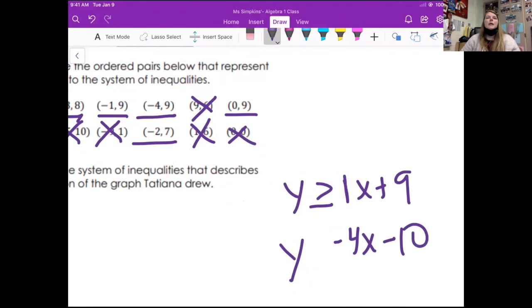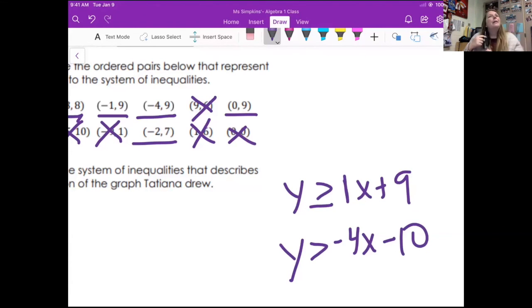Okay, is it going to be an equal to or no equal to? No equal to. So then let's decide. Is 0, 0 part of that shading? It is. So that means I want 0, 0 to be included in this answer. So the correct way to do that would be to make it a greater than, because if I substituted in 0 for y and 0 for x, I would get something that's true.